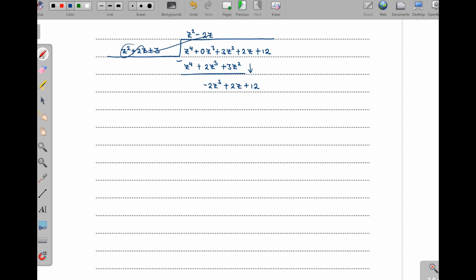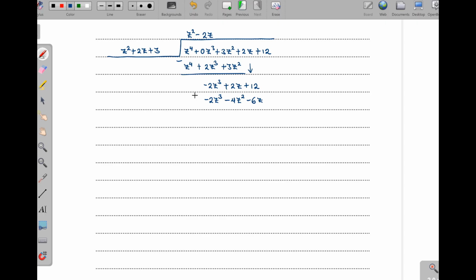Then the rest we multiply. So z squared times negative 2z, that is negative 2z cubed. And then 2z times negative 2z, that will be a minus 4z squared. Are we there? Then 3 times 2z, we shall get, that is minus 6z.